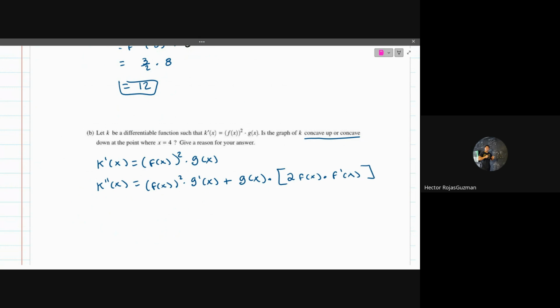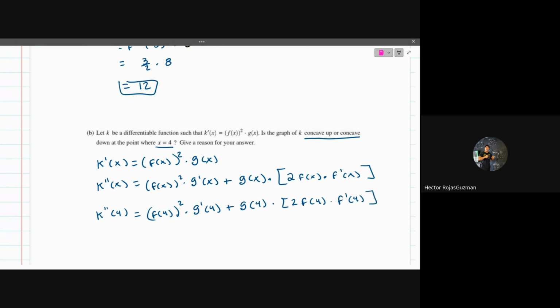We don't actually have to simplify this since we're looking for concavity at a specific point. So just plug in 4. k double prime of 4 is equal to f of 4 squared times g prime of 4 plus g of 4 times 2 times f of 4 times f prime of 4.